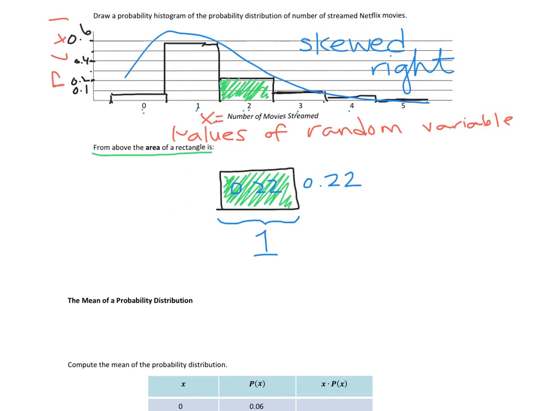All right, so the area is the same as the probability of the value of that random variable occurring. So let's write that out. So from above, the area of the rectangle is, so I'll say area is the probability the random variable has that value.